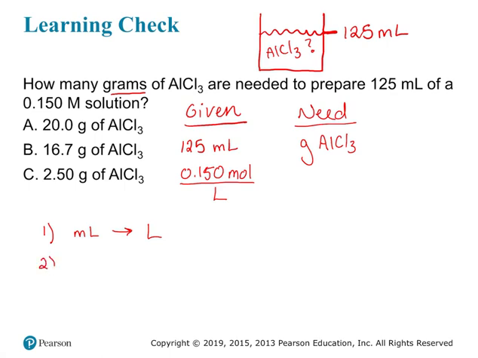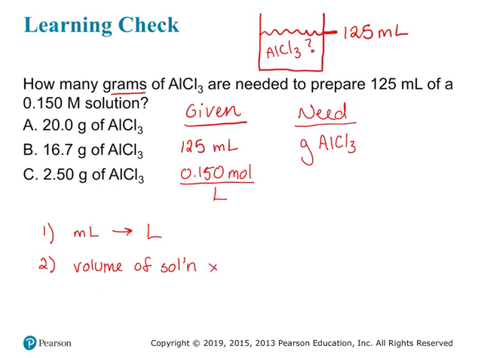And then in the second step, we can cancel liters and end up with moles. So we'll multiply the volume of solution, and that's just an abbreviation for solution there, SOL'N.